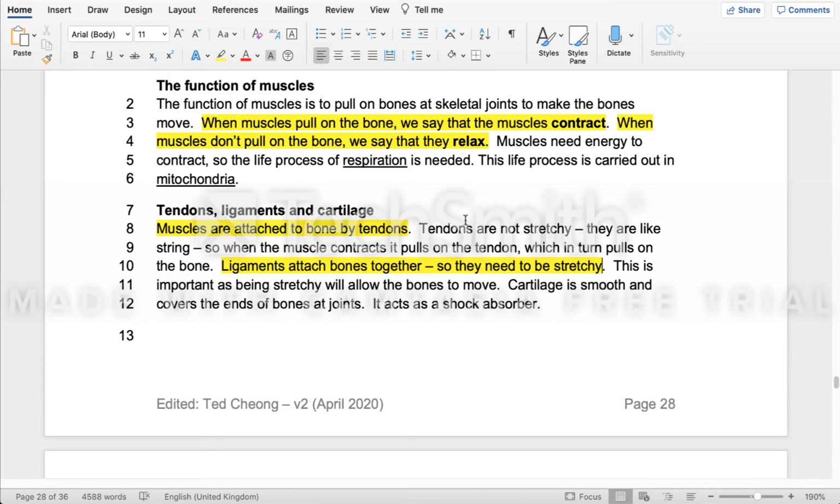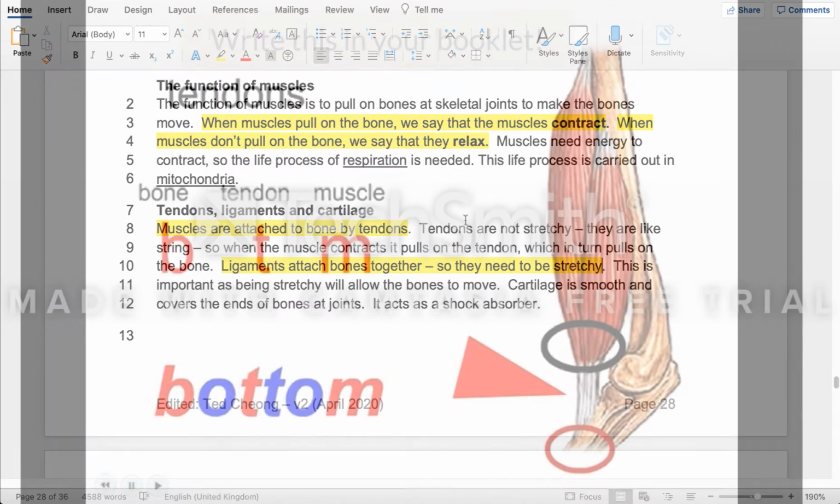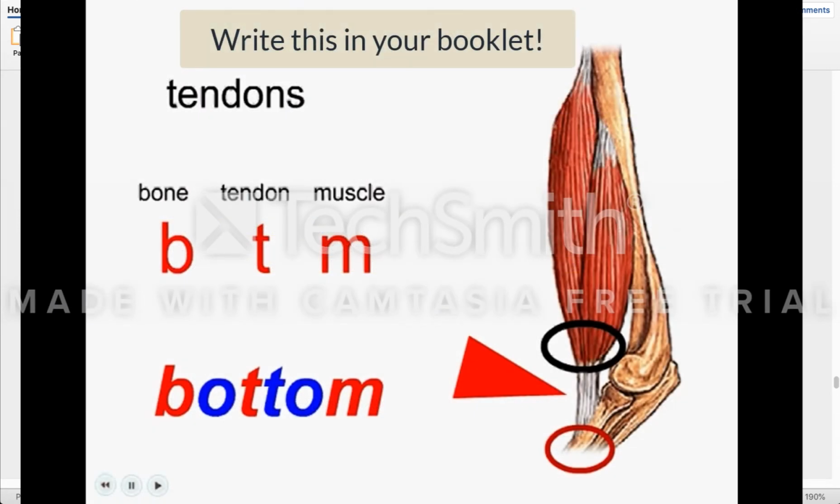So if you're thinking about tendons, I want you to think about the word bottom, B-O-T-T-O-M. The reason for that is because bottom has the letters B, T, and M, and I want you to memorize it like bone, tendon, muscle. Bone, tendon, muscle. All right, so tendons, bottom, bone, tendon, muscle.